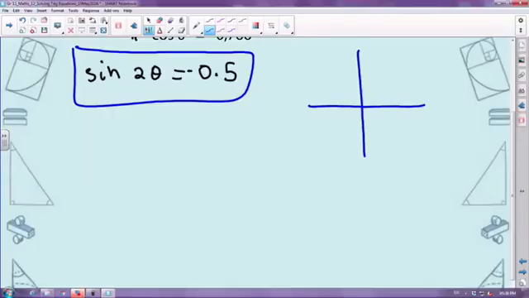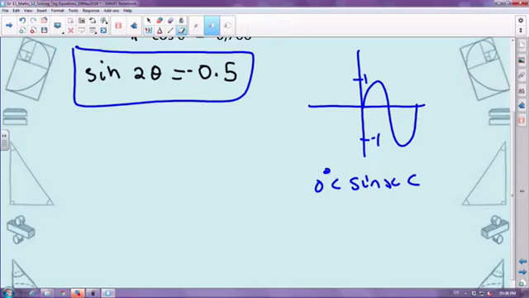Remember, guys, when you're working with sine and cos, your sine x is always between -1 and 1. For instance, guys, if I give you sine x equals 12 and then I'm asking you to solve for x, you'll just say, this is impossible because your sine always has to be between -1 and 1. Okay, now let's look at this problem.